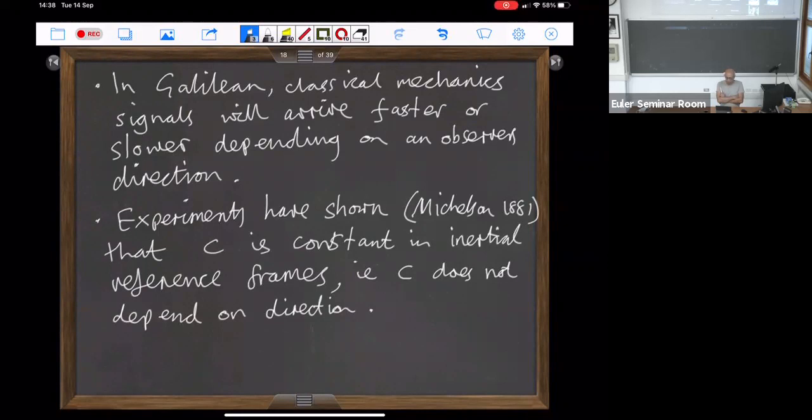In other words, it does not depend on the direction of motion, for example, of the Earth compared to where the signal is coming from. And as you probably will have seen, c has been measured to a pretty high level of precision.